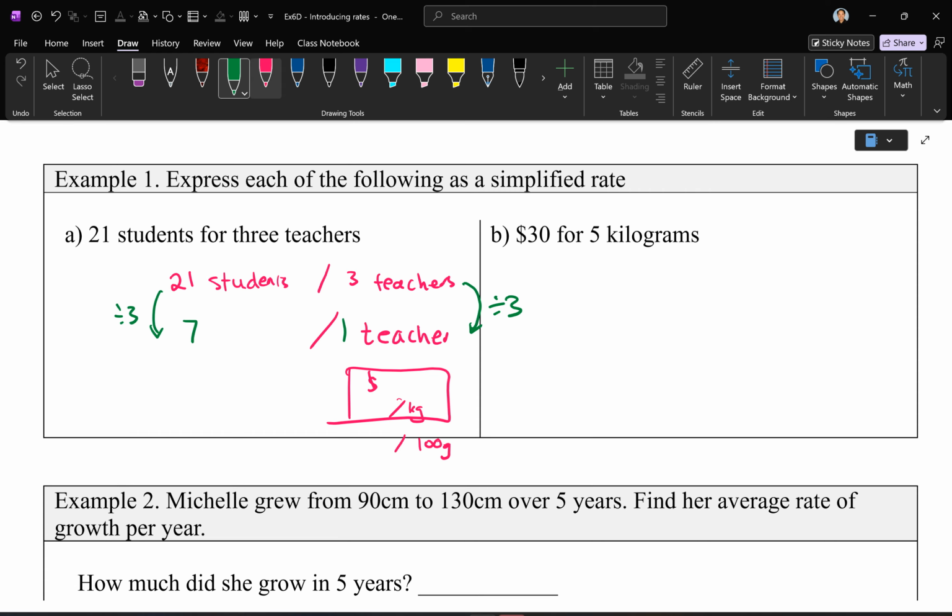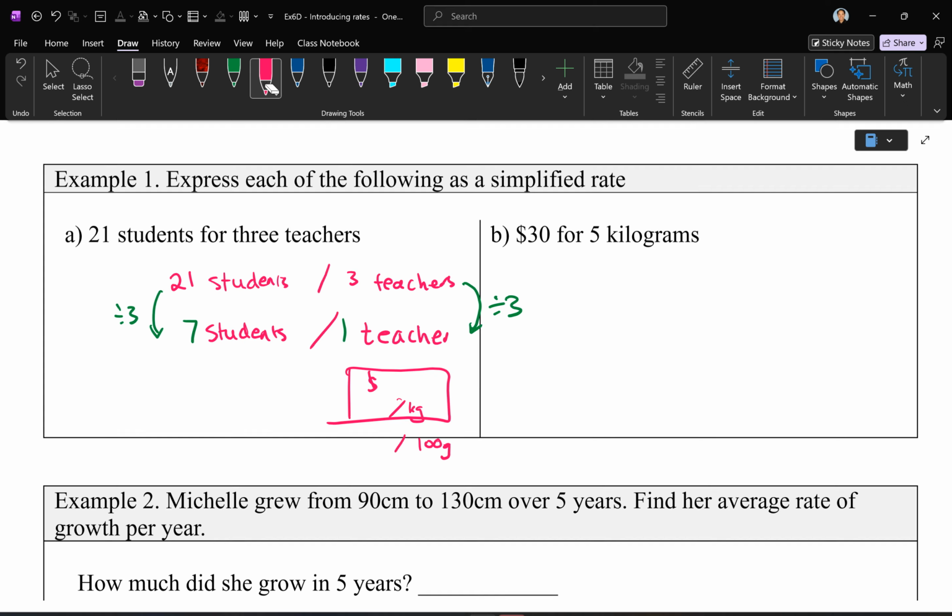So that means the rate is 7 students per teacher, which is one that people generally understand better. So if I said, we need at least 7 students per teacher, that is the rate that we need on a camp or on a group, then it's easy to work with 7 per 1 rather than 21 per 3.